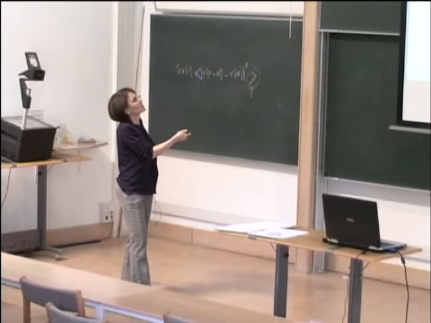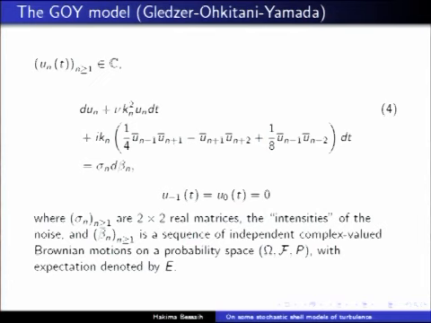First of all, the shell model is an infinite dimensional system of ODEs. U_n will be our Fourier component, the equivalent of the one for Navier-Stokes, but you see here that it's not anymore in C^3, it's in C. So it's one approximation.